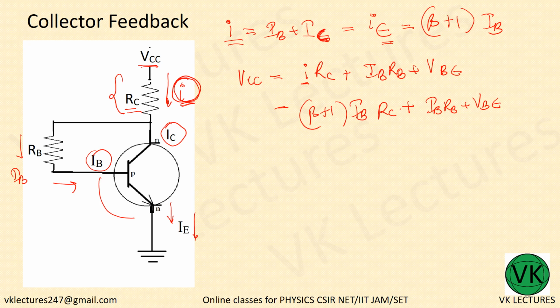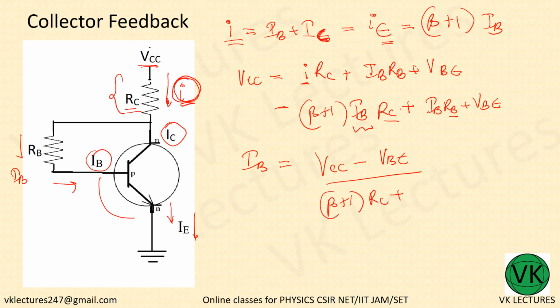From that we can find out IB. So IB is equal to VCC minus VBE divided by beta plus 1 into RC plus RB. Very similar to the previous one.